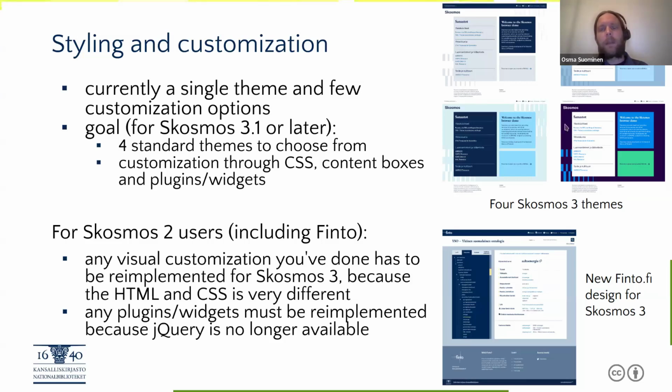You can see them here at the top right. So basically the same, but with different color choices. So if you install a new Skosmos, you can choose between these 4, and then of course do your own customization on top of that.